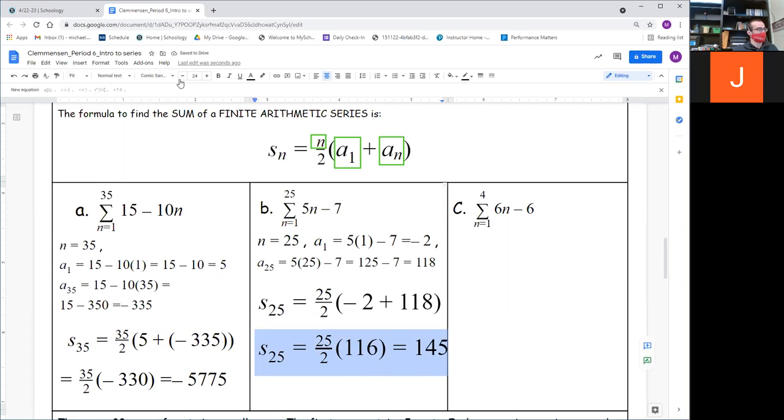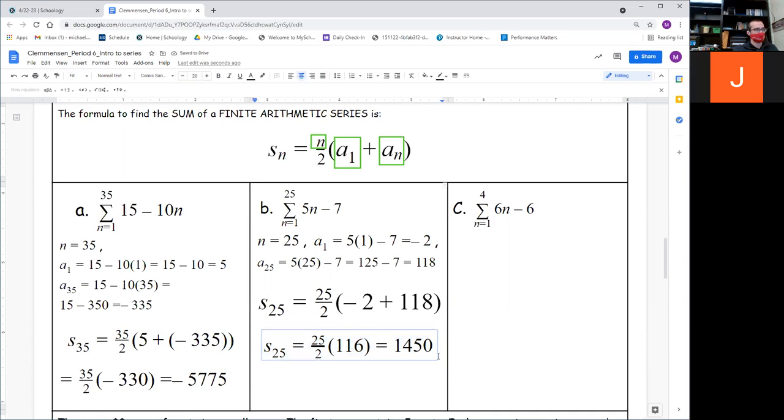Again, too big, so I'm going to shrink it down a little bit, but it fits. Are there any questions on that process? Finding my N, finding my A sub 1, finding my A sub 25, then simplifying.